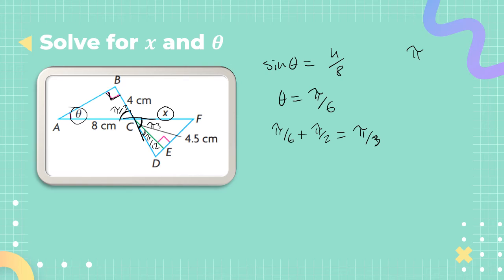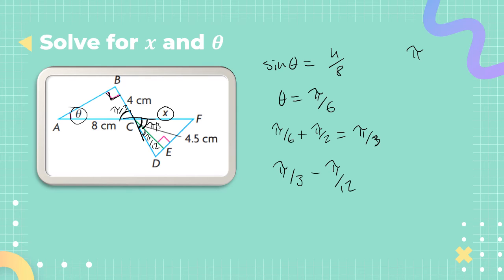So now all we have to do is just do pi over 3 and subtract pi over 12, so we can get what this angle, angle ECF, is by itself. To get that, we have to do pi over 3 minus pi over 12.